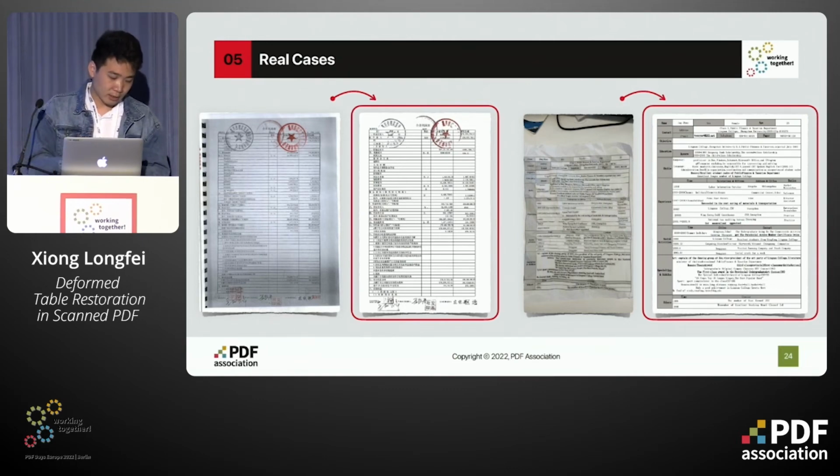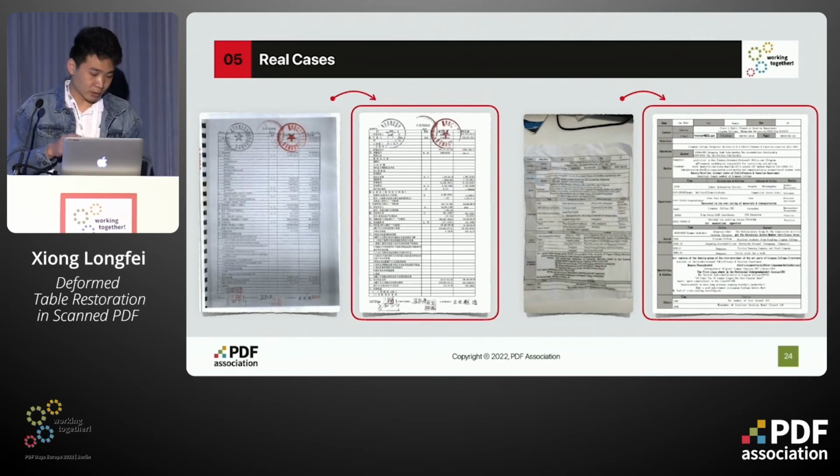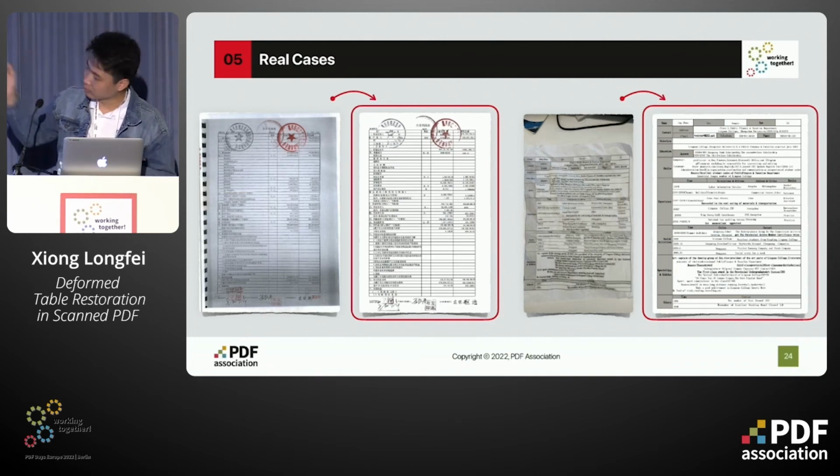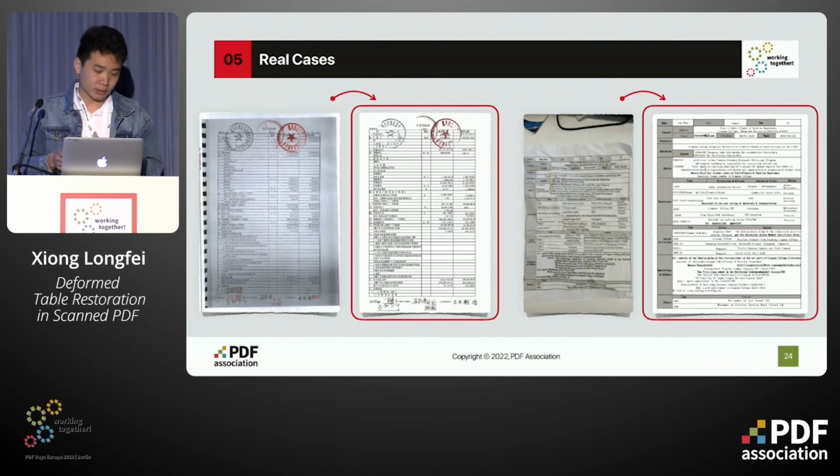As we can see, the restoration is still fine. And even worse, if the table document is smashed into a ball and then expanded, as long as the human eyes can barely recognize the table structure and text, as on the right, our system can still handle it. The result is not bad.